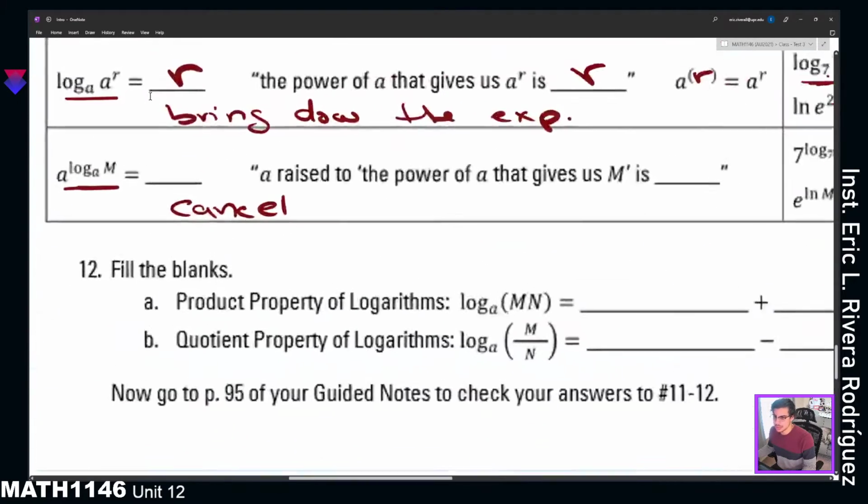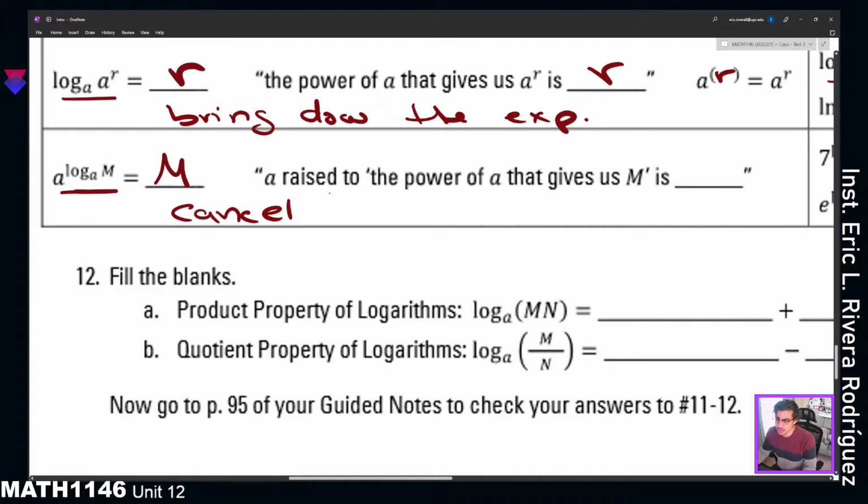So this property says a raised to the power of log base a of m is just m.